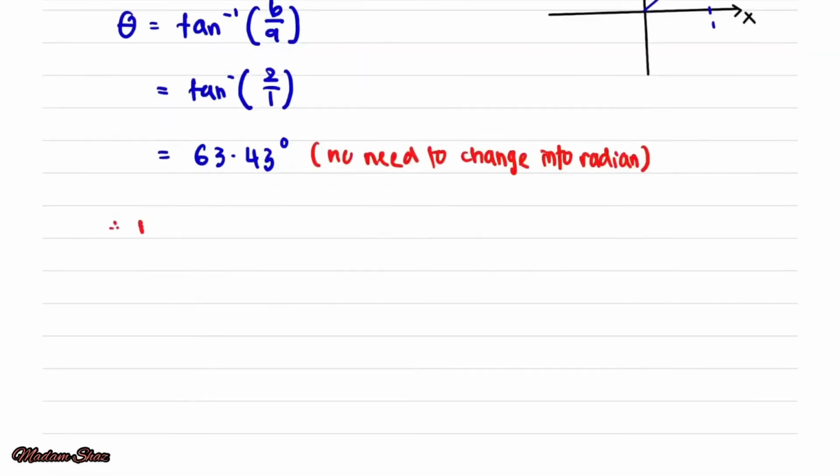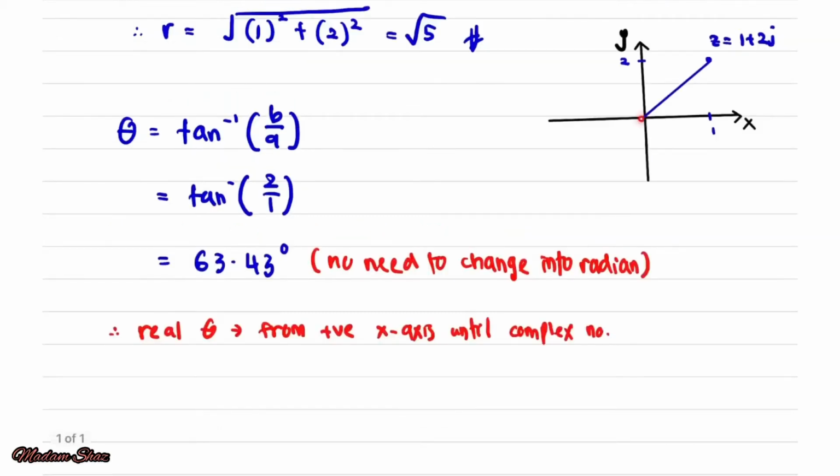So therefore, real theta from positive x-axis until complex number. So this is our positive x-axis. So this is our complex number.